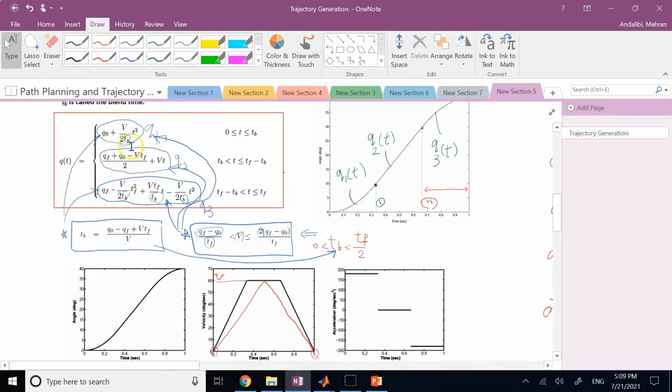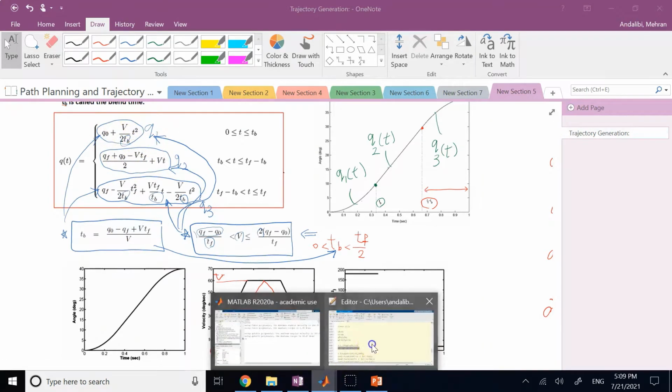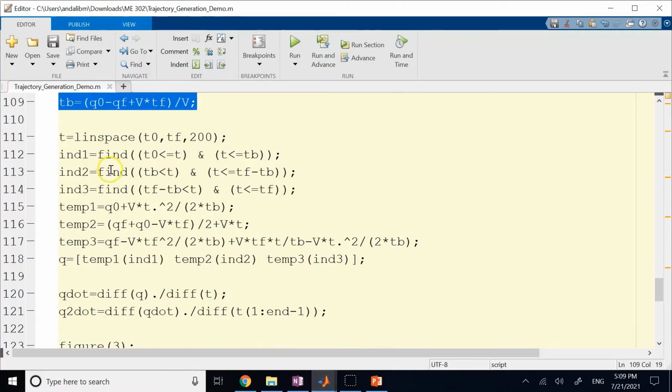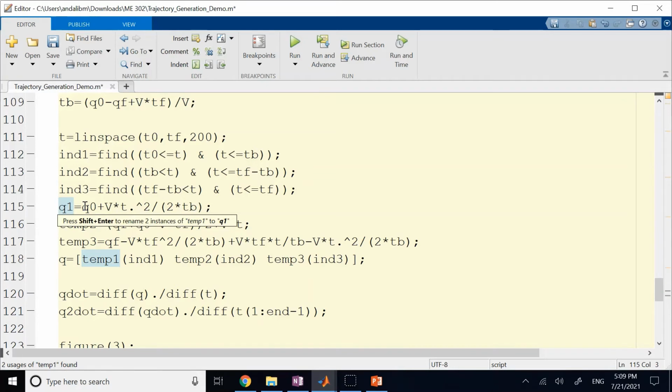And then based on that, I created my Q1, Q2, and Q3, which here I actually called temp1, temp2, and temp3. And then the combination of them I called Q. Okay? So if I want, instead of temp1, I can call it Q1, right?